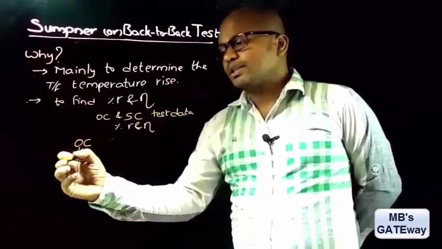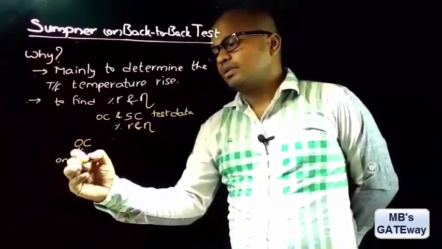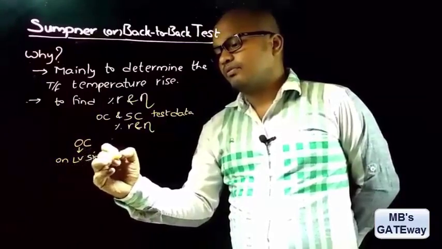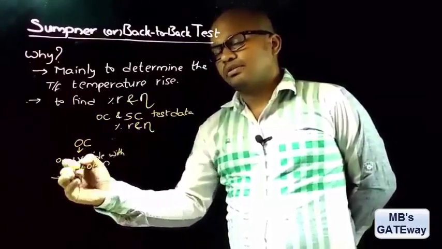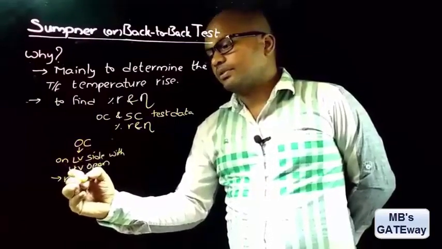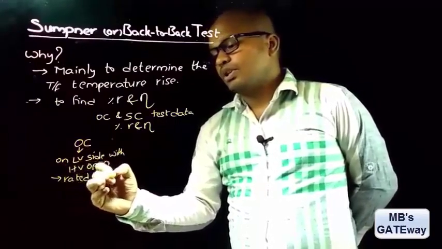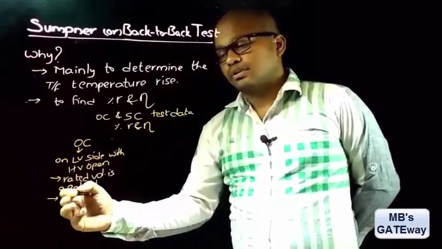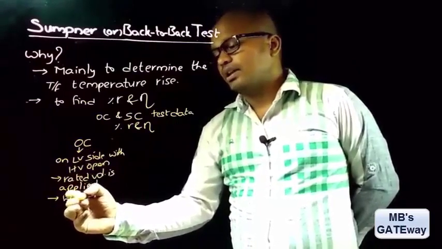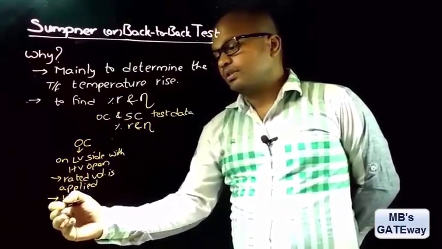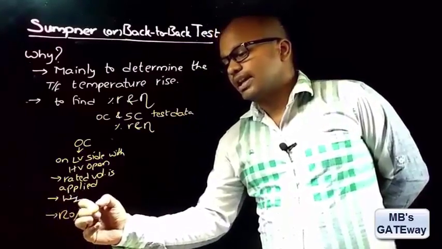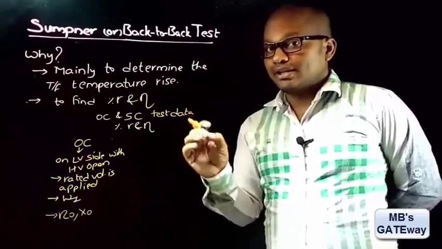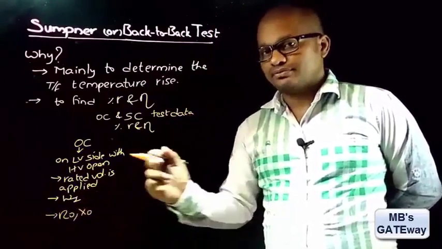Open circuit test is conducted on the LV side with HV open, and here rated voltage is applied. From this test the iron loss of a transformer is found, and the shunt branch elements R0 and X0 of the transformer electrical equivalent circuit are found.